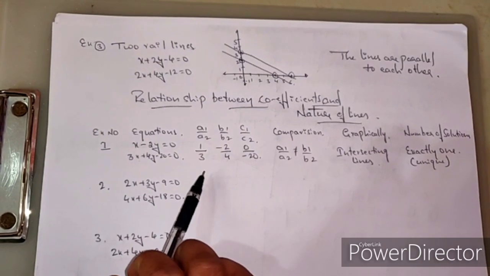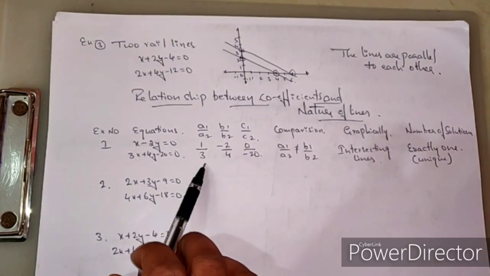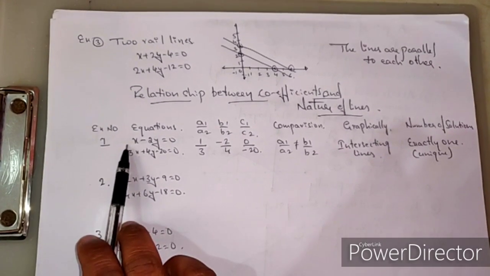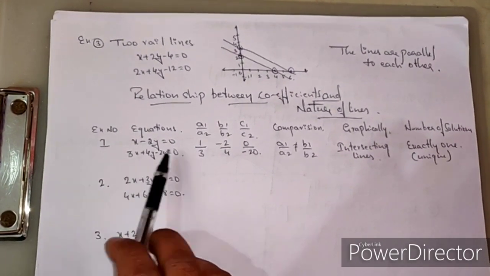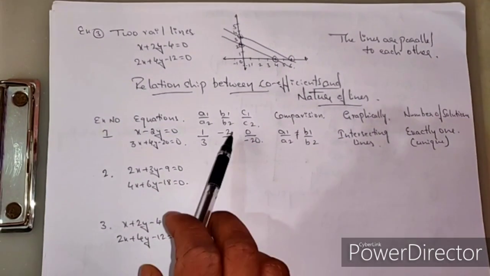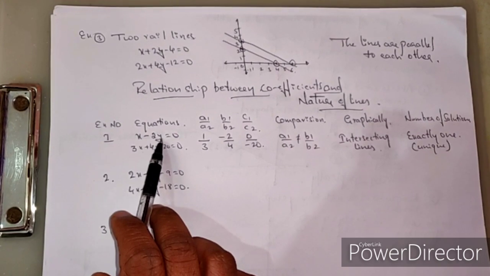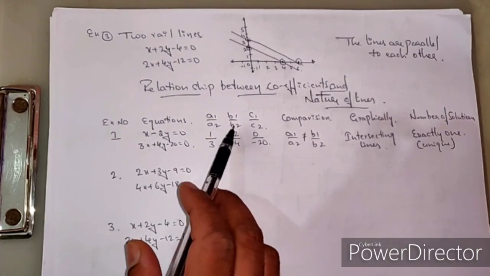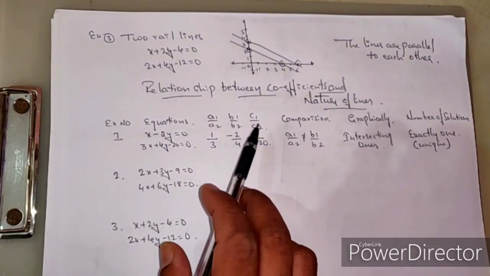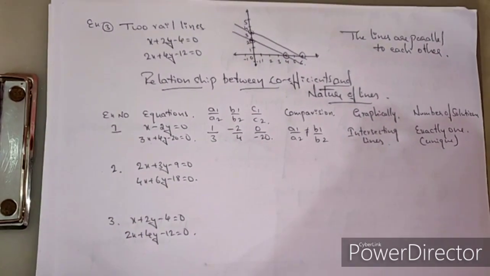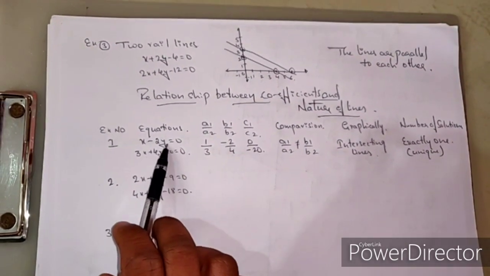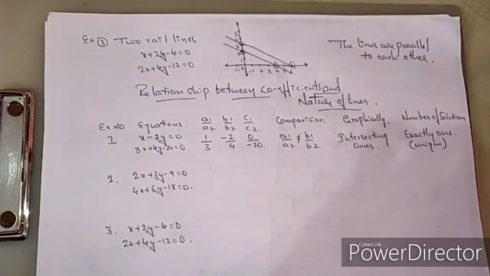When we divide a1 by a2, we get 1 by 3, as a1 is the coefficient of x, that is 1, and the coefficient of x in the second equation is 3. b1 by b2: b1 is the coefficient of y in the first equation, that is minus 2, and b2 is the coefficient of y in the second equation, that is plus 4. c1 by c2: these are the constant terms of the first and second equations; c1 is equal to 0, c2 is equal to minus 20.